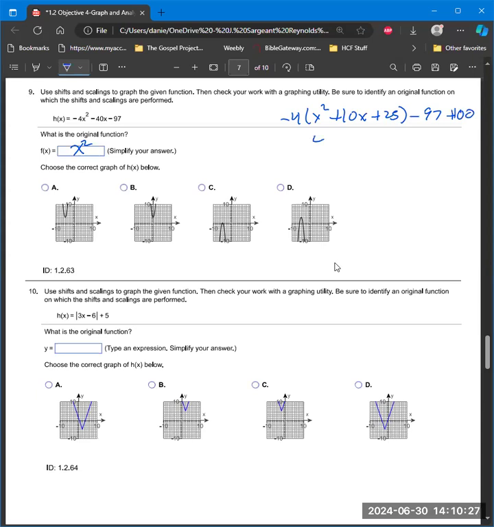So this is -4 times x plus 5 squared plus 3, so the vertex is -5, 3. And it opens down. Opening down looks like D.